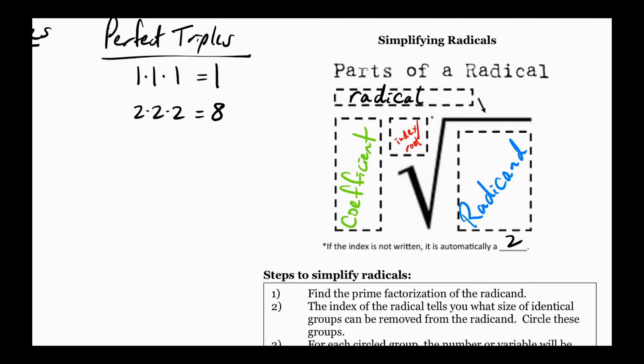What's the next one going to be? 27 is the next number. What is the next number? 64. Good. 64 is also on our perfect squares list, so it's both. We're not going to go too much further, but what would be the next number?